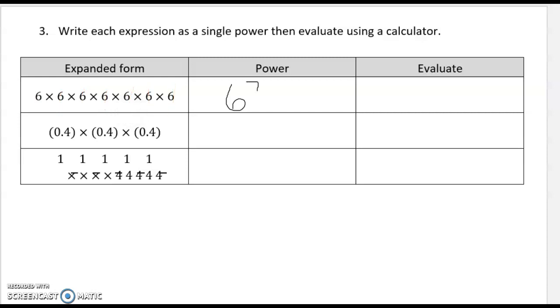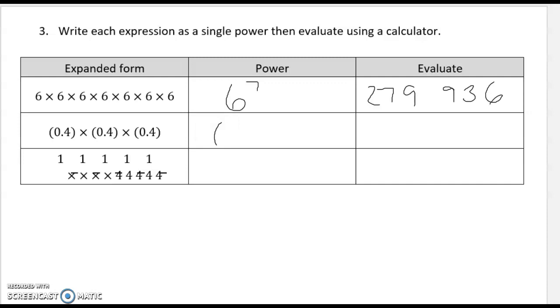So it's 6 to the exponent 7. And when you put that in your calculator, you'll get 279,936.